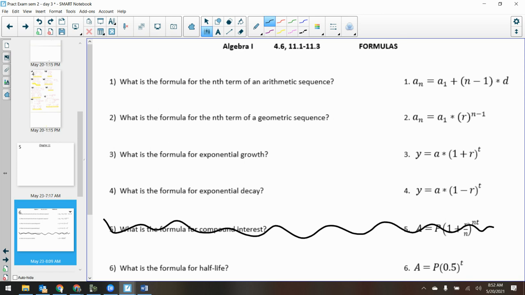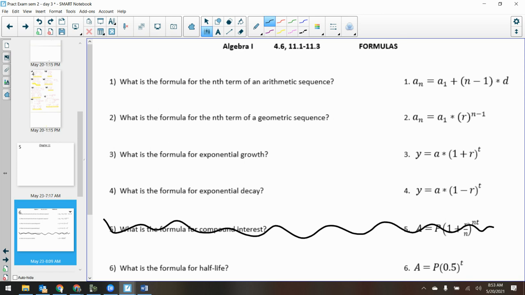Exponential growth is y equals a times 1 plus r to the t. Exponential decay: y is equal to a times 1 minus r to the t.